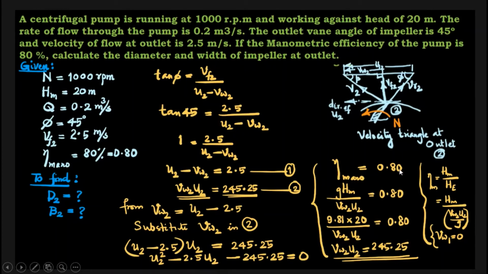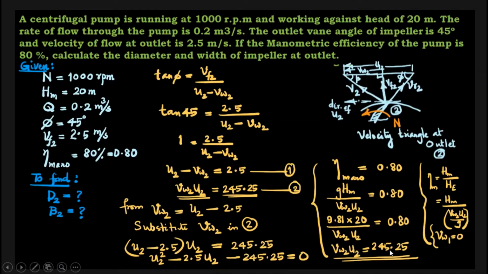That is equal to g HM divided by VW2 U2, and HM here is available, that is 20 meters, and gravitational acceleration g is 9.81. So 9.81 into 20 divided by VW2 U2 is equal to 0.8. If you know this expression, you can get an expression for VW2 U2.